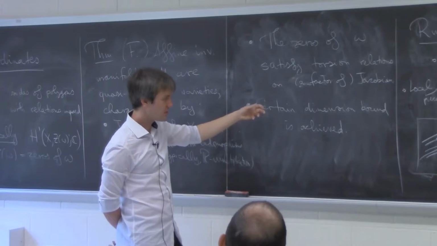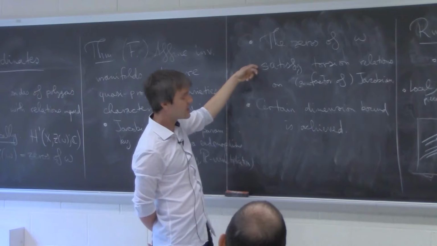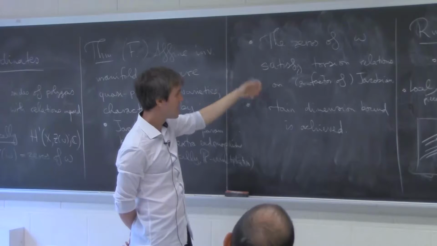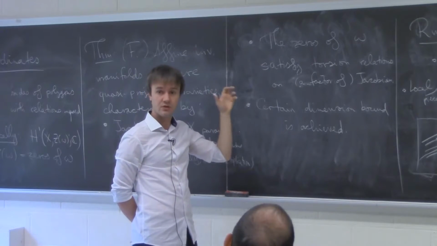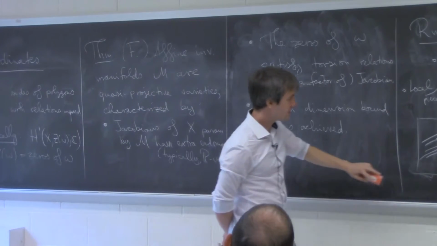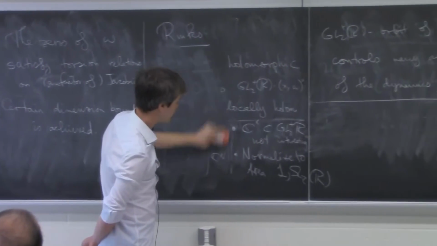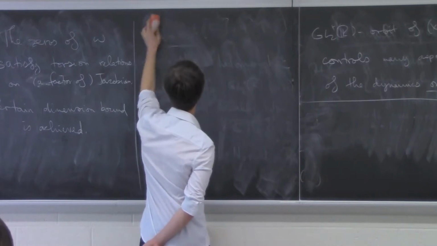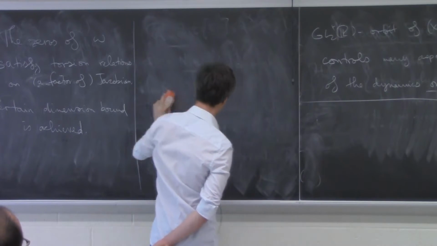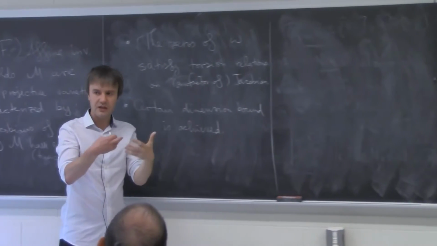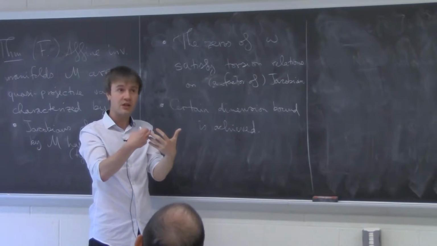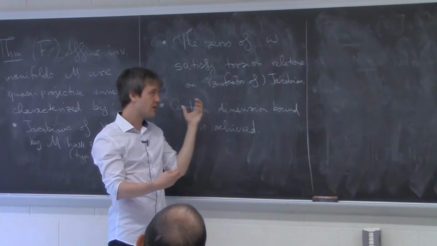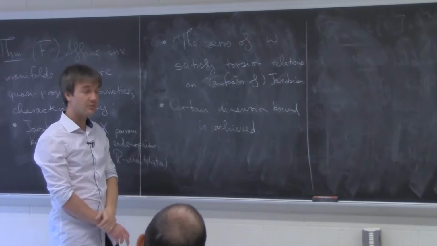So if you get some variety which satisfies these two conditions, and it is a little bit bigger than it should have been by expected dimension counts, then it has to be one of these M's. So these affine manifolds are in some sense rare occurrences. They occur when, if you intersect two manifolds, you expect some dimension, but occasionally they will have a higher dimensional intersection, and this is when some of these M's can occur.